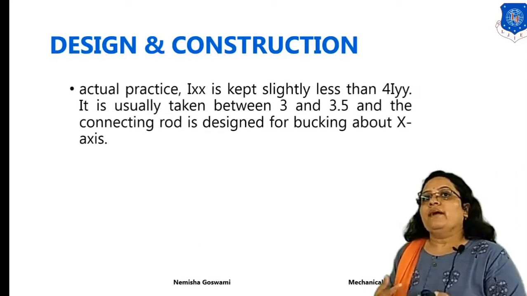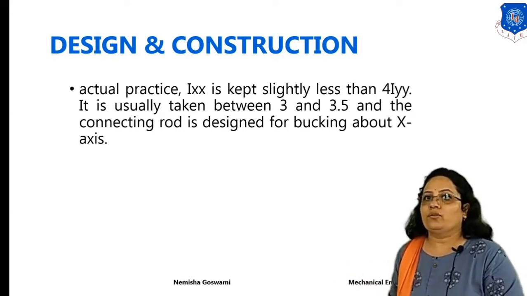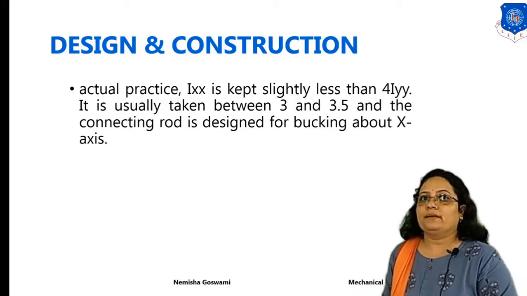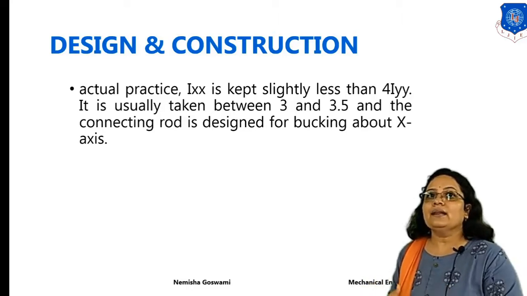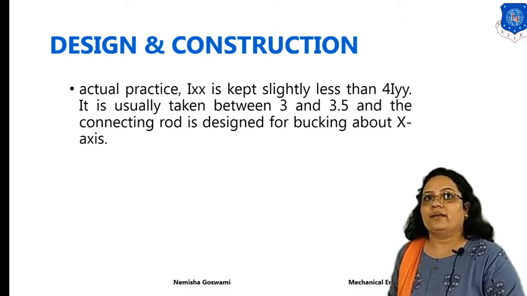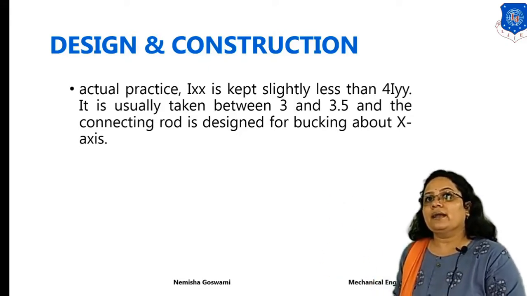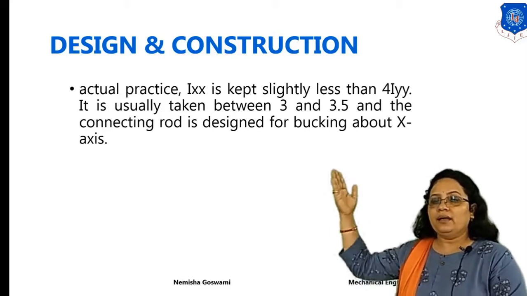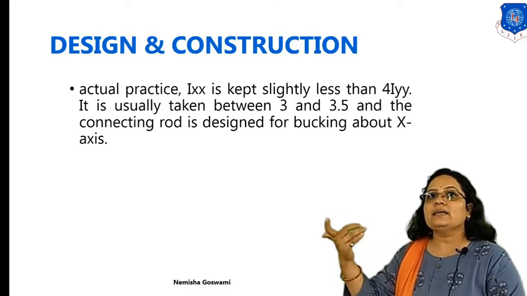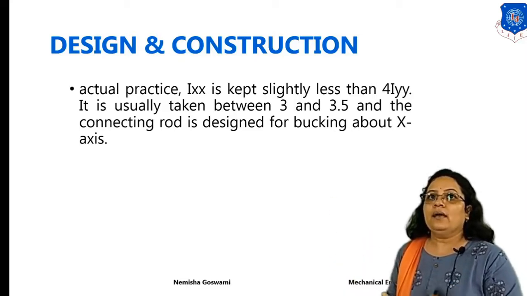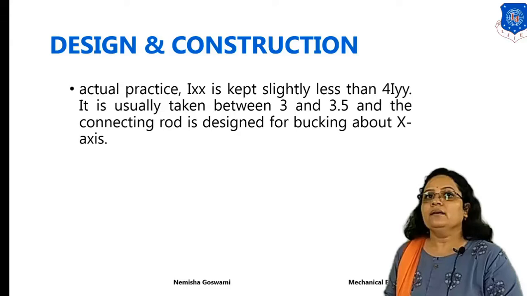Now from the practical point of view, in actual practice, we generally keep Ixx slightly less than 4 times Iyy. Its value generally varies from 3 to 3.5, and the connecting rod is designed for buckling about the x-axis. So the ratio Ixx to Iyy should lie between 3 and 3.5, not less than 3 and not greater than 3.5.